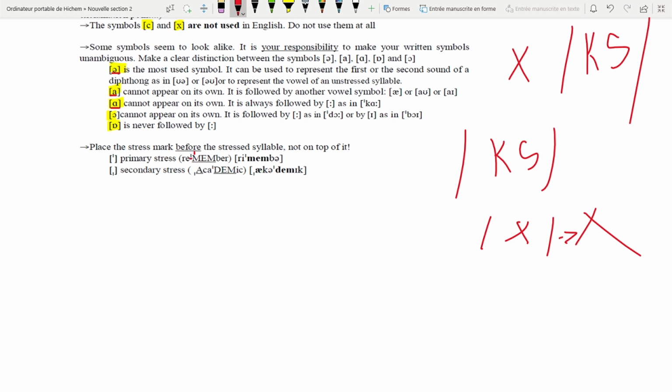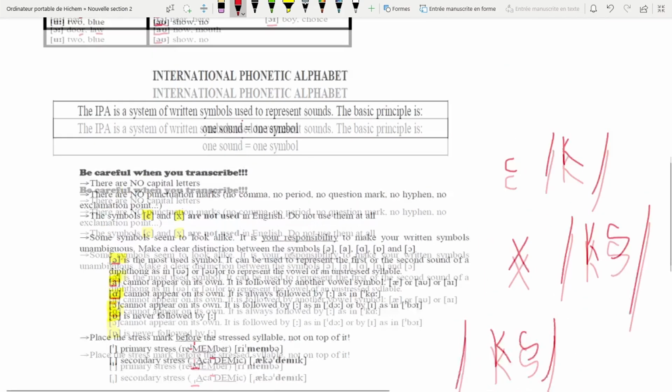Okay, it should be before, like here. Okay, and secondary stress is put, if you want to put it this way, on the ground. It's not on top but below. Okay, here this is secondary and this is primary.